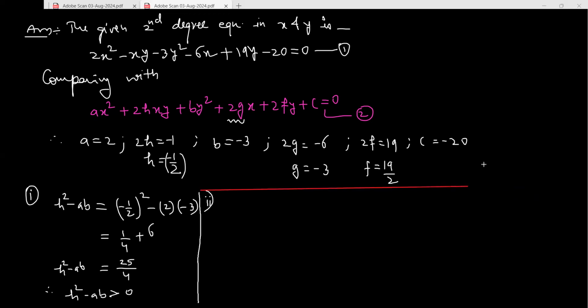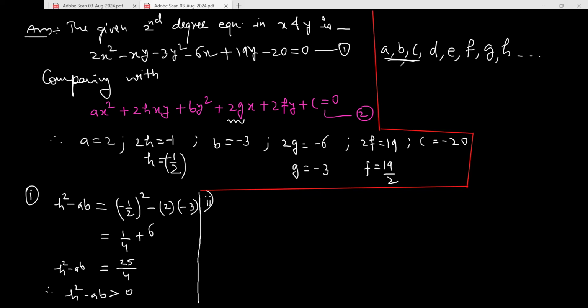First, let me draw the line of demarcation. The trick goes as follows. Do you know the English alphabets? They start with A, B, C, D, E, F, G, H. We are interested only up to H. So write the first three: A, B, C, and they are all multiplied.